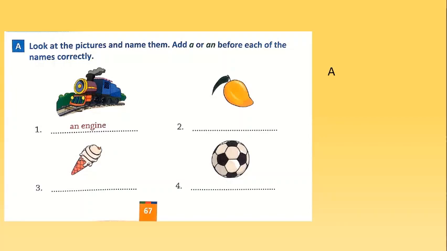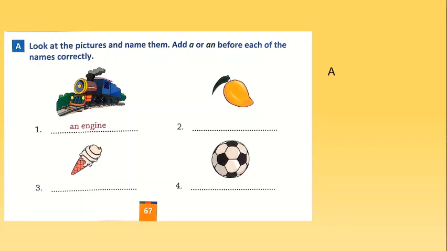On page 67, we will first do exercise A. Look at the pictures and name them. Add a or an before each of the names correctly.